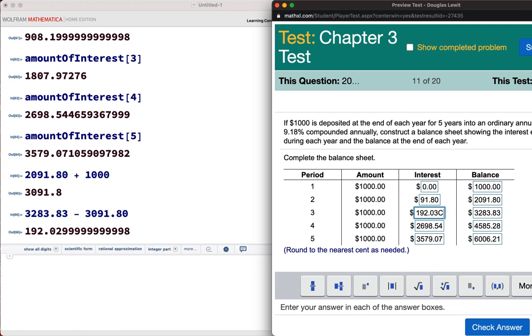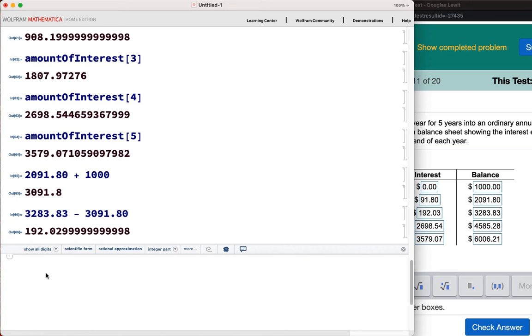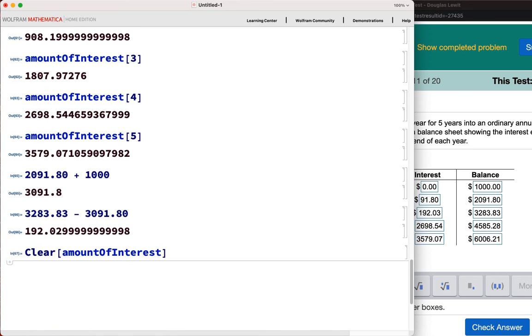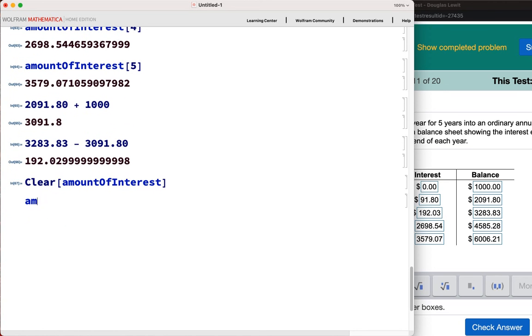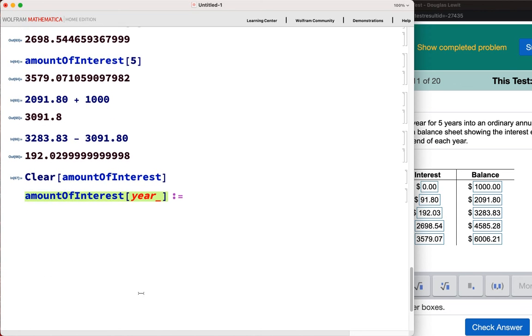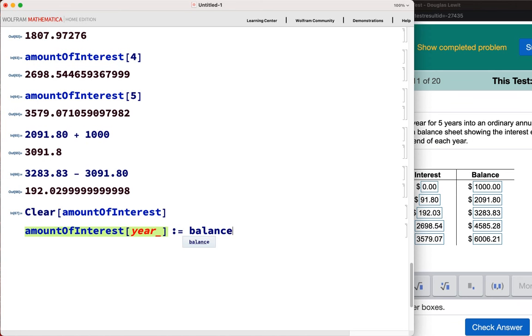So clear, one second. Clear amount of interest. Let's start this again. The amount of interest for the year is equal to balance year minus 1,000 plus balance year minus 1.